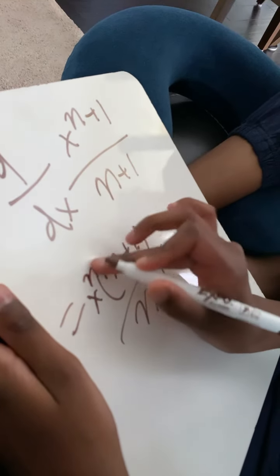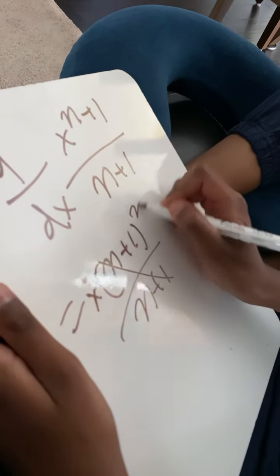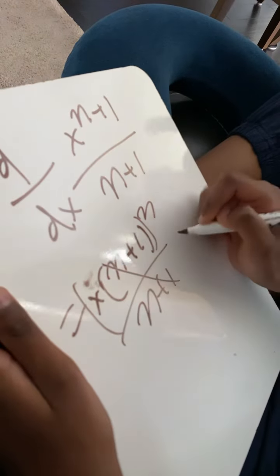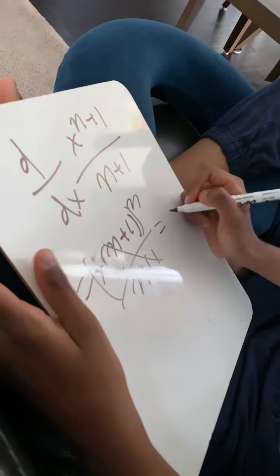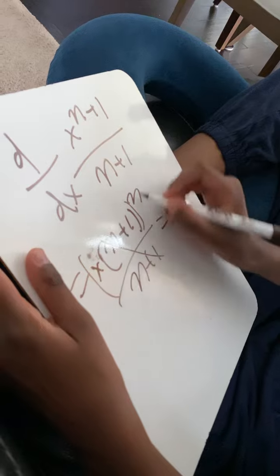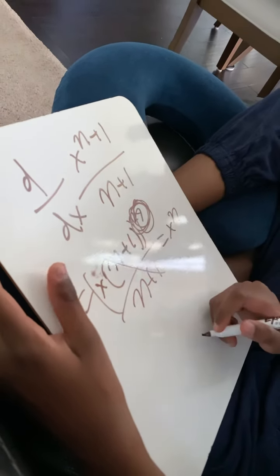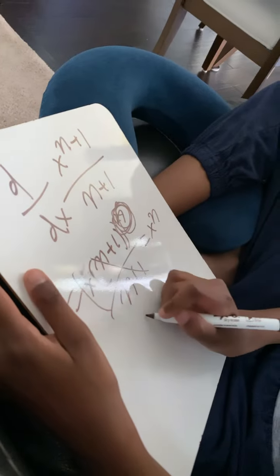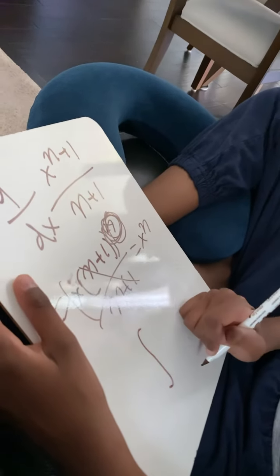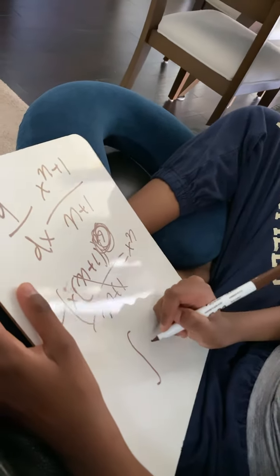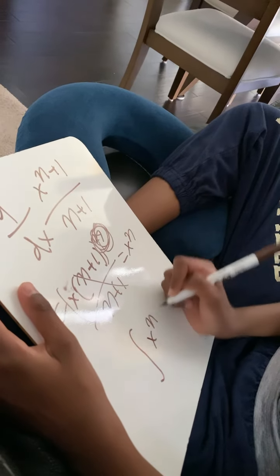And then you still have x to the n because this exponent is still there. So what happens if you take the antiderivative of x to the n?